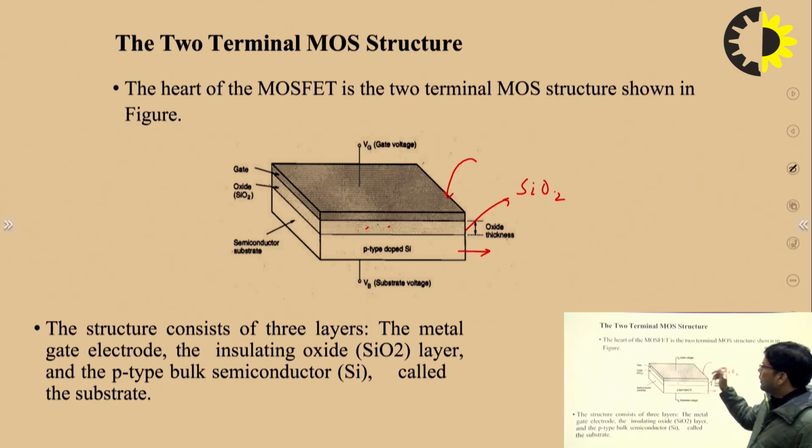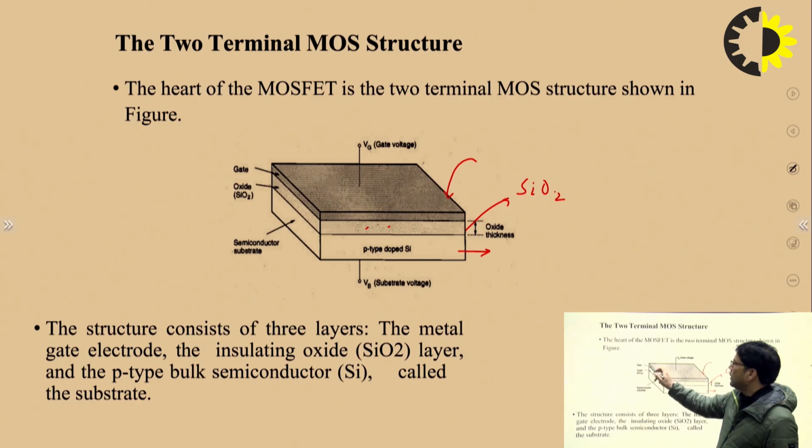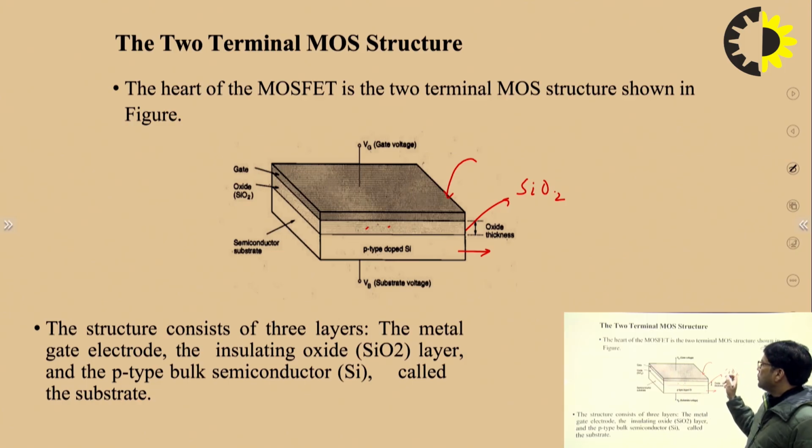So here you can see that in between the metallic and semiconductor layer there is an insulating layer, that is the SiO2 layer. So we can correlate this structure with a capacitor. That's why we can say MOS is a capacitor, or MOS generally has some kind of capacitance.